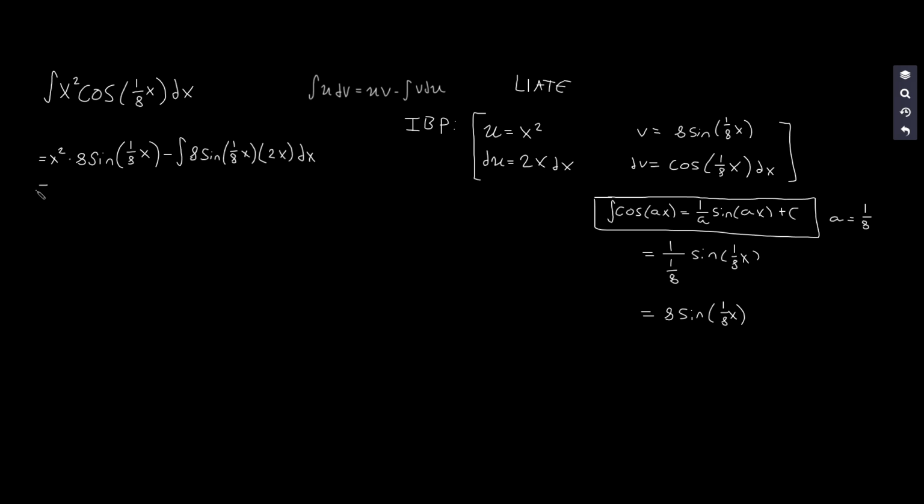So for this, I'm just going to write in 8 times x squared sine of 1 over 8 times x. And then I'm going to factor out this 8 and this 2x. Anyway, so 8 and 2 come on out.